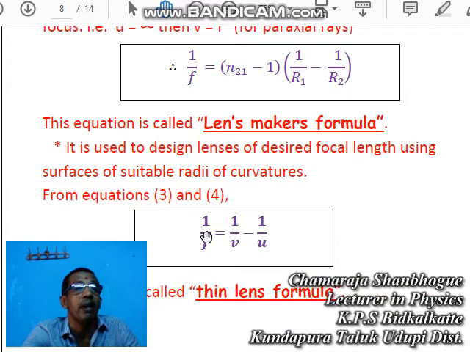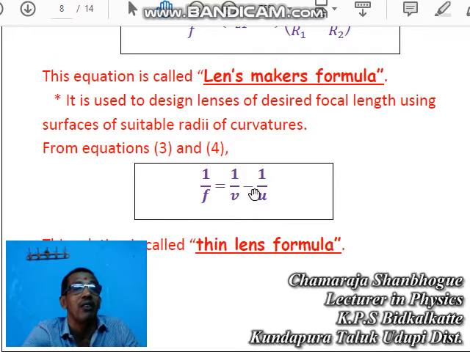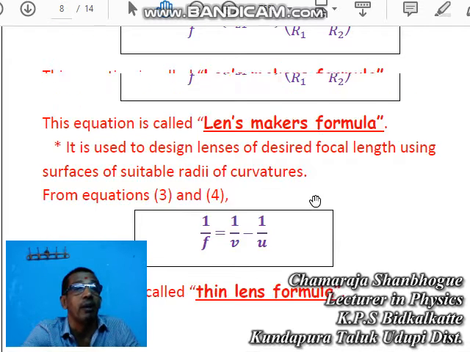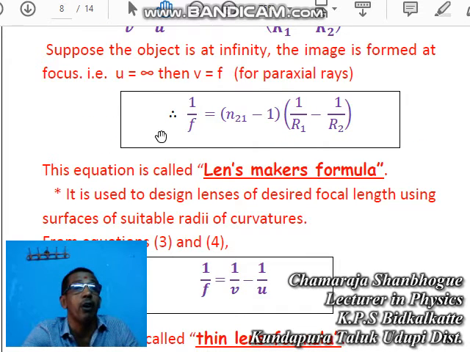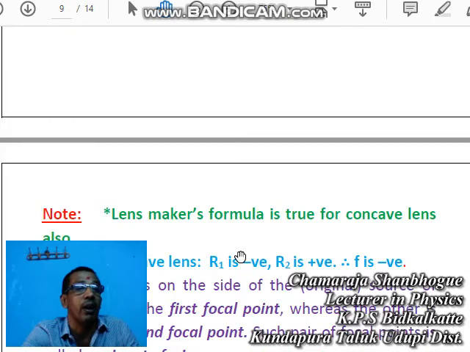That is 1 by f is equal to 1 by v minus 1 by u. This is known as lens formula. This we call lens maker's formula: 1 by f is equal to n21 minus 1 into 1 by r1 minus 1 by r2. This is called lens maker's formula, whereas this is lens formula, thin lens formula.